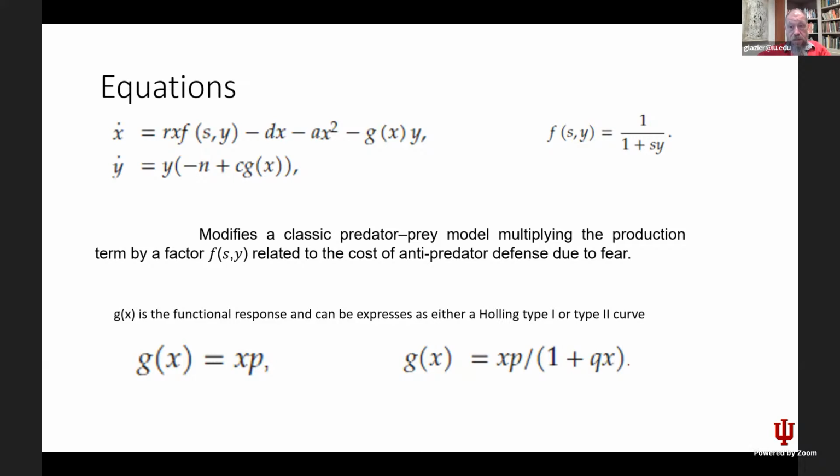An Allee effect addresses an observed paradox in ecosystems, which is that when the population of a particular species goes below some threshold, they go extinct, even if there's no predation. So what could be an example of why that could happen?